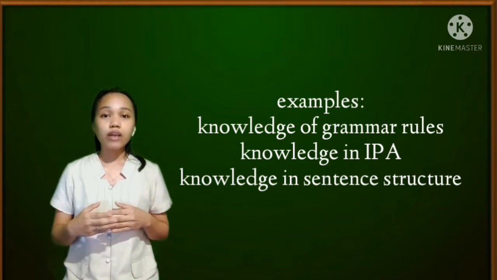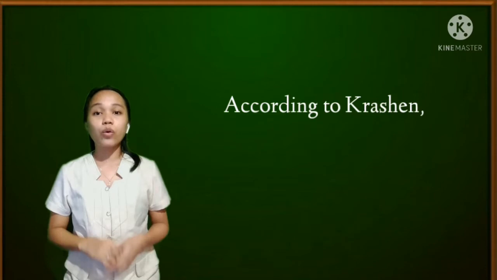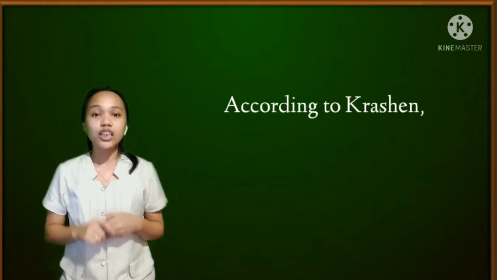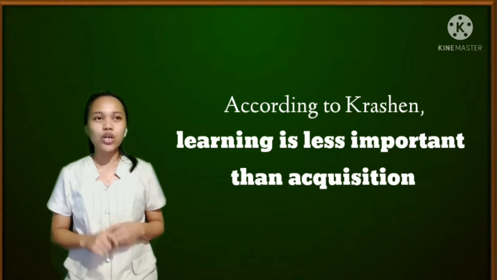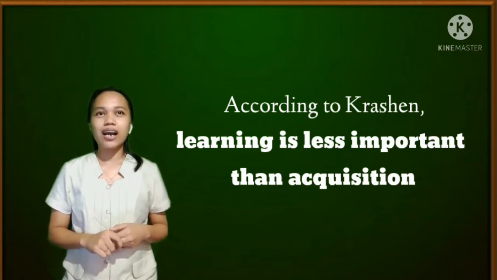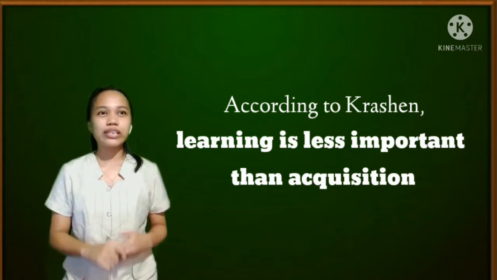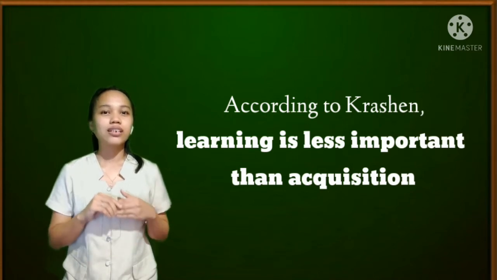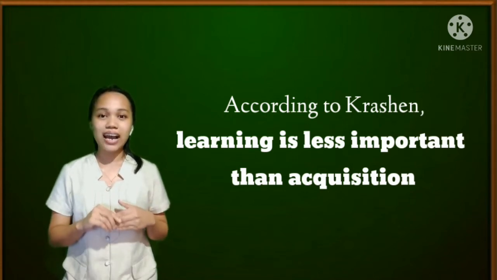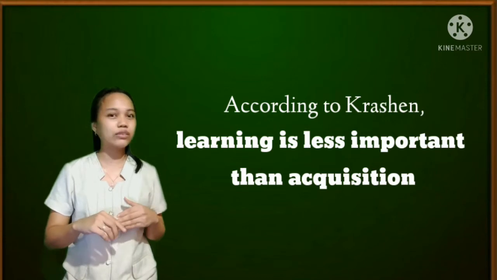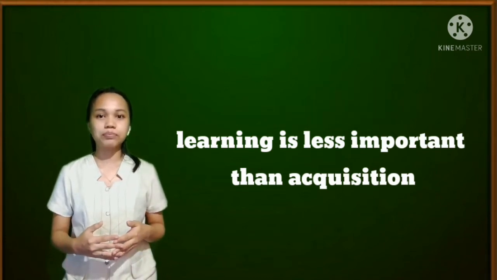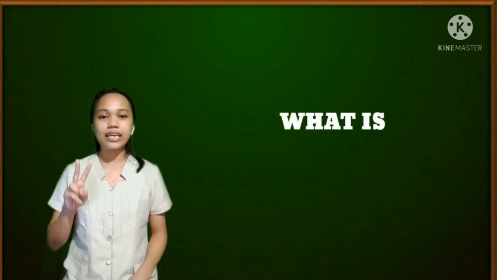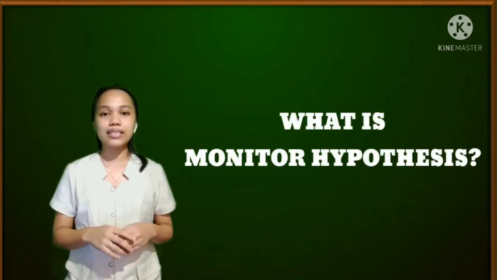Those are part of the learning system. According to Krashen, learning is less important than acquisition. So we can say that acquisition is more of the long-term side, unlike the learned one, since we tend to forget the details related to it.